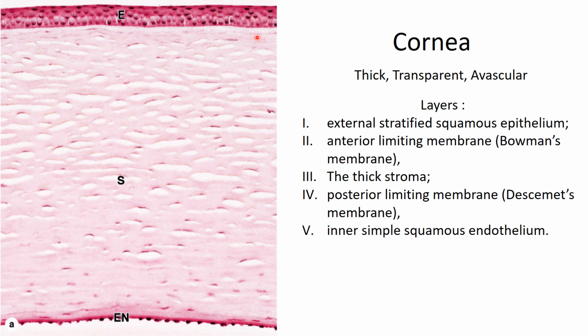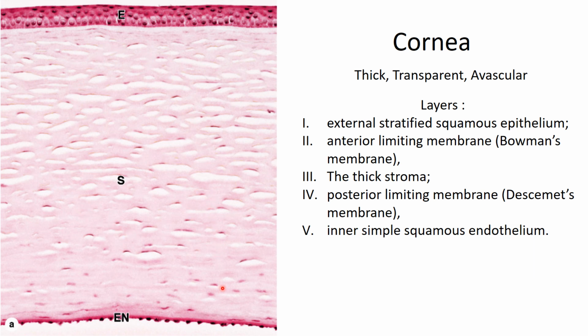Then there is the basement membrane, a thickened basement membrane known as Bowman's membrane, or the anterior limiting membrane. Then there is a very thick stroma, the connective tissue portion.